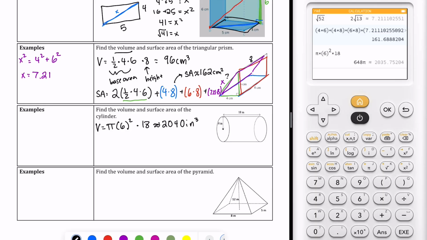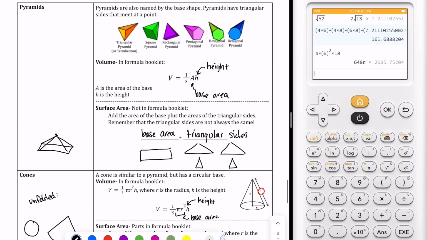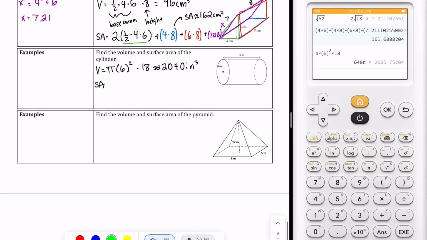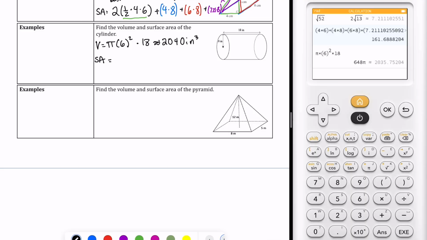And then surface area here, if we go back and reference our formula, the curved surface will be the circumference times height, and then we'll add that to the circles. So 2 pi r h plus 2 pi r squared, because we have two circle bases here. 1, 2.